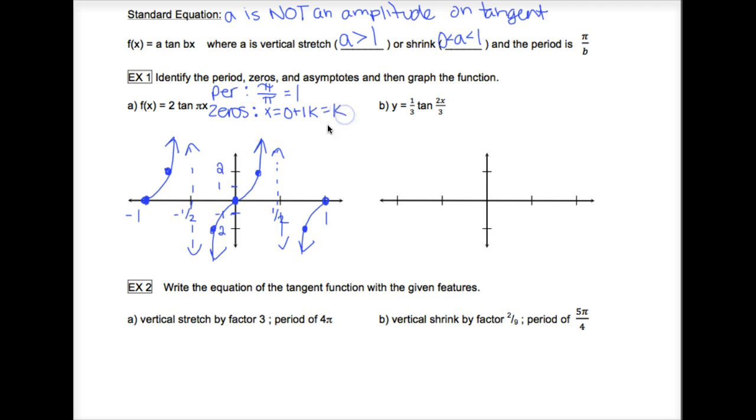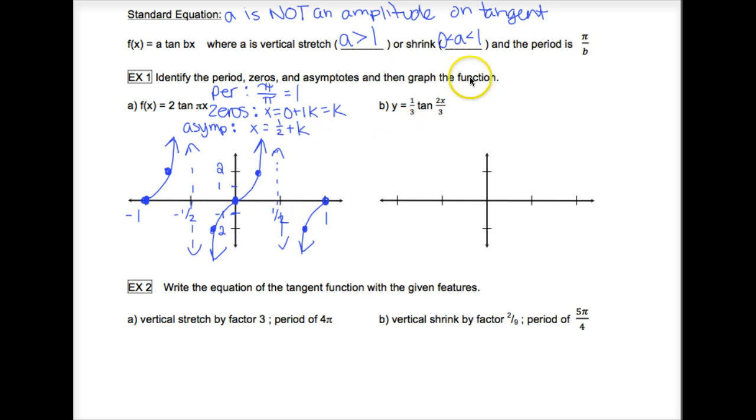So it's x equals k is where my zeros are. My asymptotes, same pattern. X equals the first one, which is 1/2, plus the period, which is 1, times k. Again, I don't write 1k in a final answer. So x equals 1/2 plus k. And that's all we wanted.